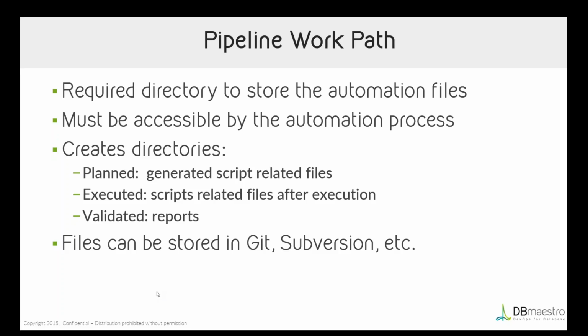You give us the high-level folder name, and then underneath that we create the plan, the executed, and the validated folders, and then we create the subfolders as you create the different schemas inside your pipeline. So we have to have this directory name. If you don't fill it out, you can't save the pipeline. This is where those scripts are going to be stored on your file system.